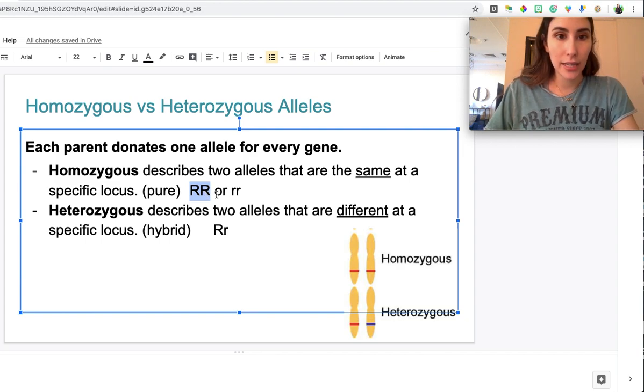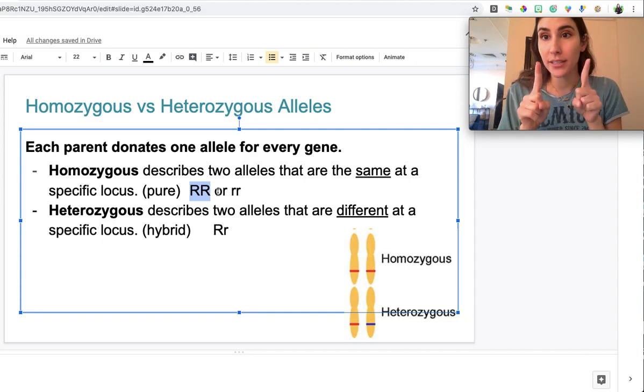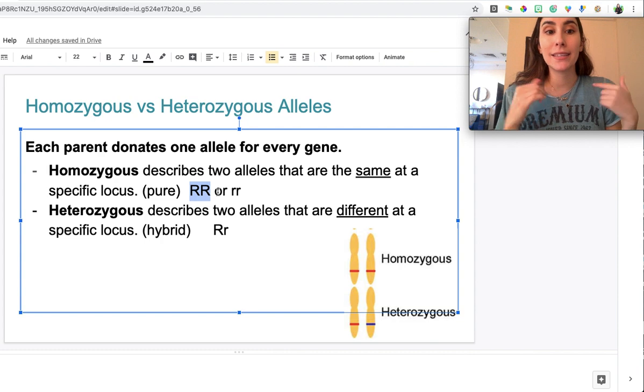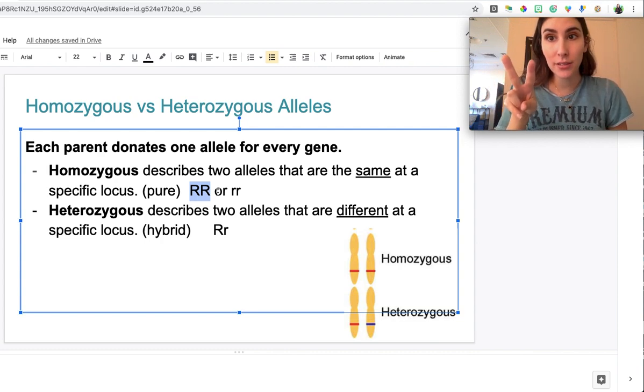It's represented by a capital letter, and therefore it is dominant. Since we have 2 copies of a dominant allele, we refer to this as homozygous dominant. Homozygous telling us that there's 2 copies, and dominant meaning that both of these copies are dominant.